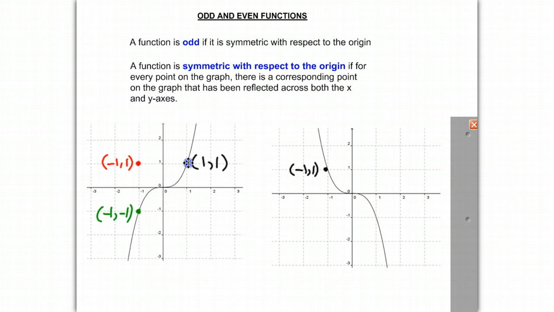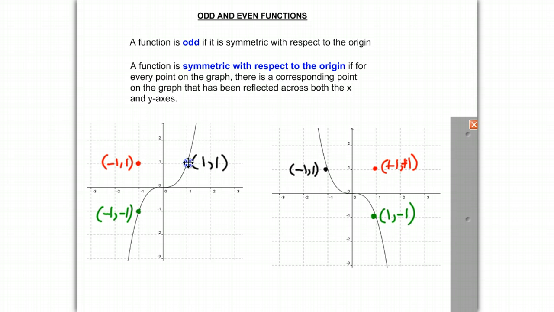If we were to reflect this point about the y-axis, it would end up over here at, sorry, +1, 1. And then if you were to reflect it again across the x-axis, notice it would land right on the graph at 1, -1.